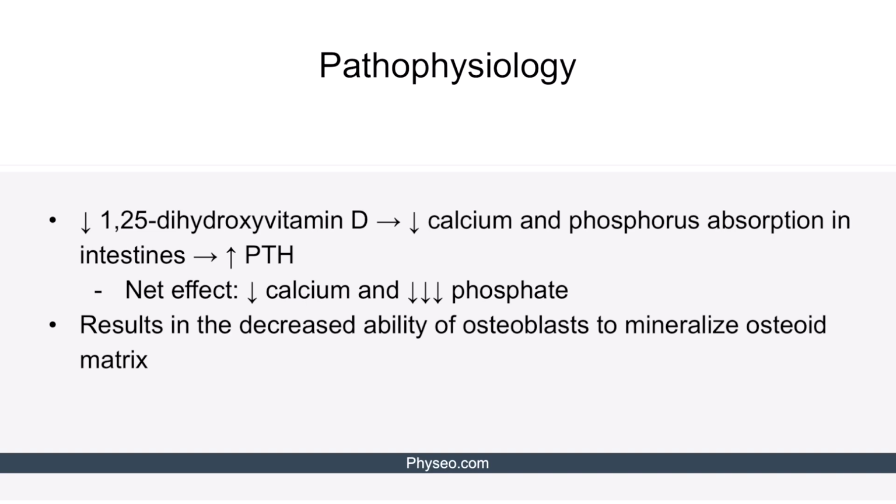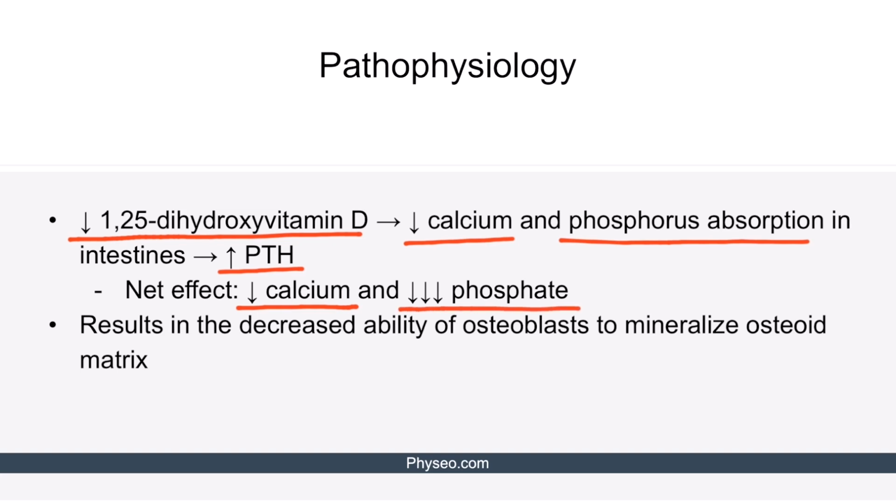So this process starts with the patient experiencing decreased 1,25-dihydroxyvitamin D levels, which results in decreased calcium and phosphorus absorption in the intestines. As a result of these subsequent low calcium levels in the blood, PTH is released. This PTH release results in a relative increase in calcium levels, but a further decrease in phosphate, such that the net effect is low, but nearly normal calcium levels and severely low phosphate levels.